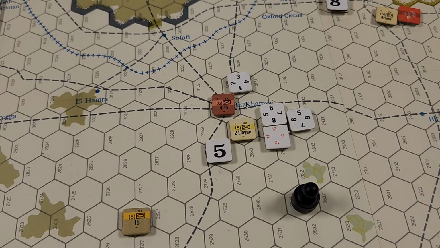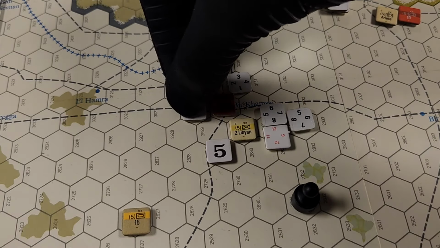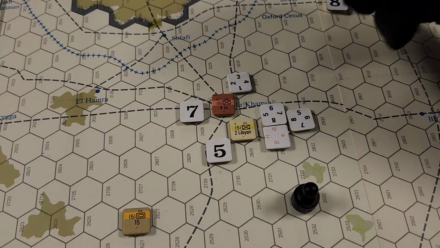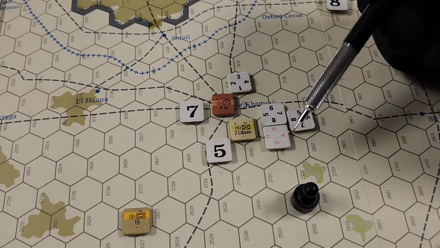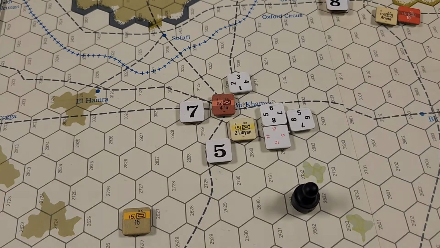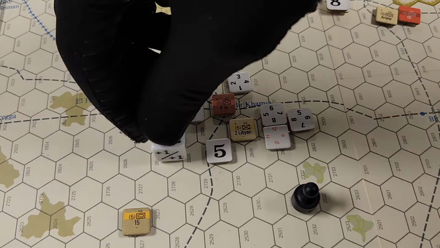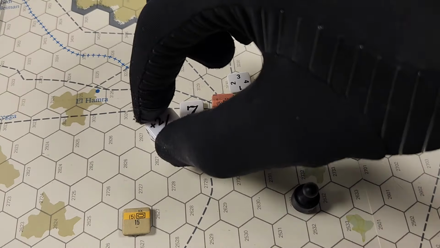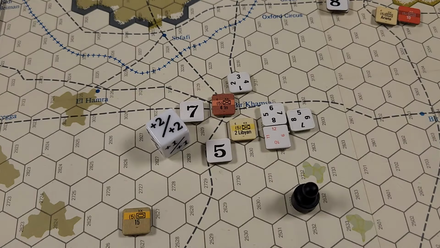So these 2 will go in, and that's going to be 7. All right. Indians have 7, we have a 5. Indians are going to get a +2. They're starting out with it. I love these dice. So they get a +2.